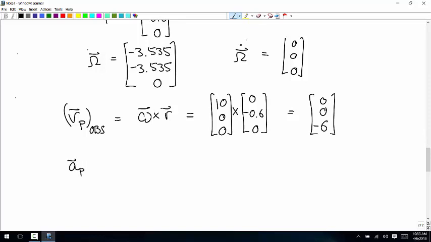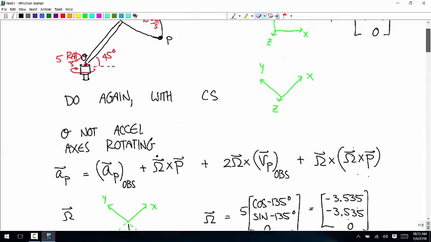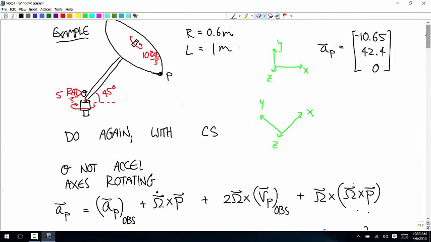And then the acceleration of P. Because we're ignoring for this part where the origin is, but we're still dealing with the fact that this coordinate system is fixed to this body and rotating with this body. So that coordinate system is still rotating this way at 5 radians per second.